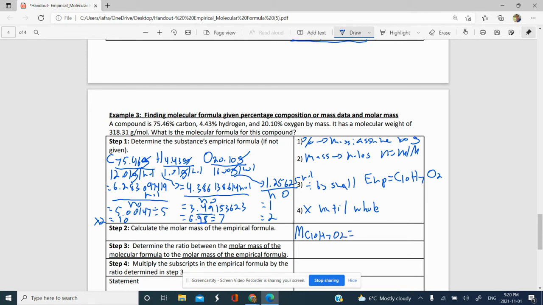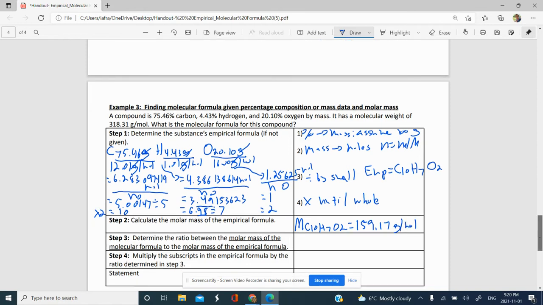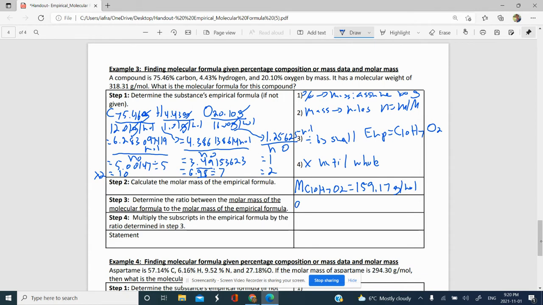Now we can find the molar mass of the empirical formula of C10H7O2 by simply doing 10 times 12.01 plus 7 times 1.01 plus 2 times 16, and I get 159.17 grams per mole. Now I can find the multiplying factor by doing the molar mass of the molecular over empirical.